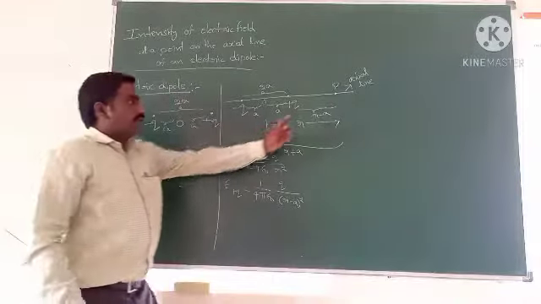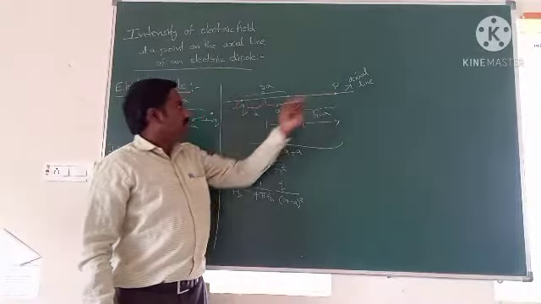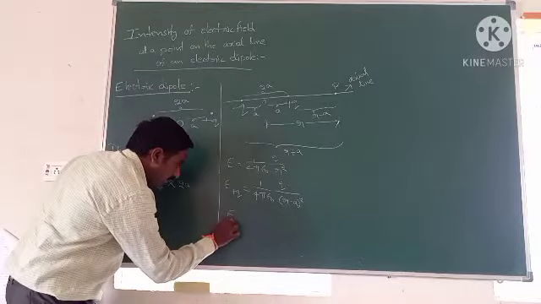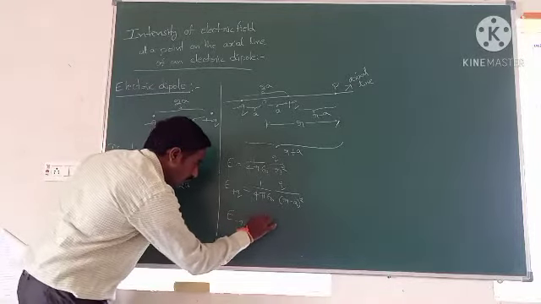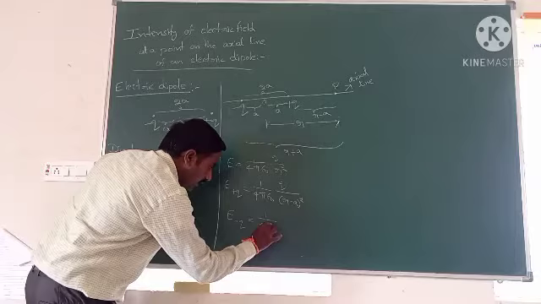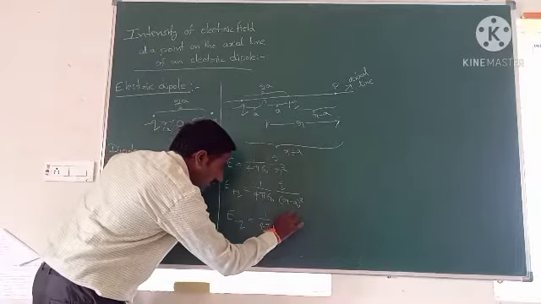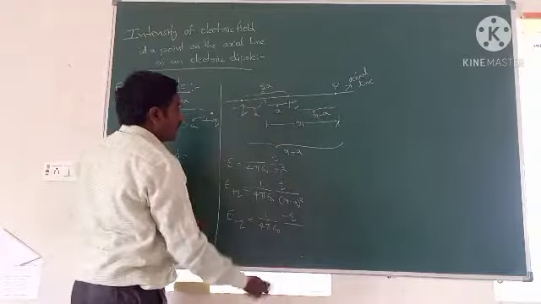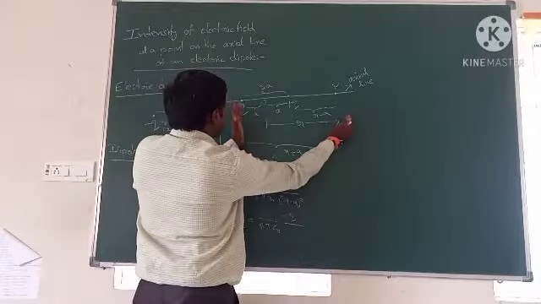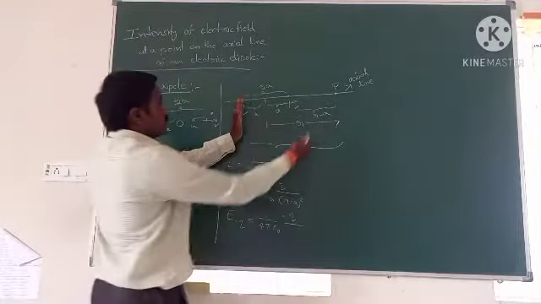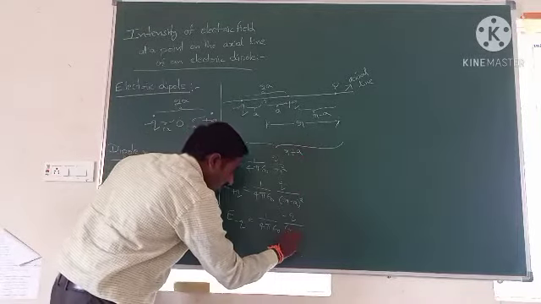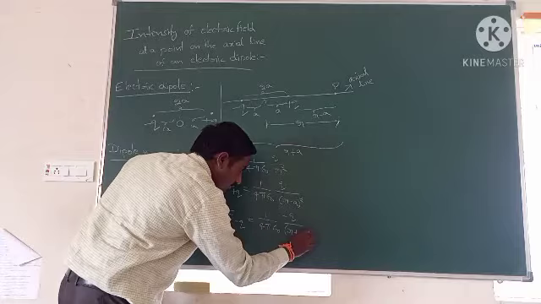Similarly, the electric field intensity at point P due to minus q charge is E minus q equals 1 by 4 pi epsilon naught, minus q, because it is a minus q charge, by the distance between minus q charge and point P, which is r plus a, whole square.